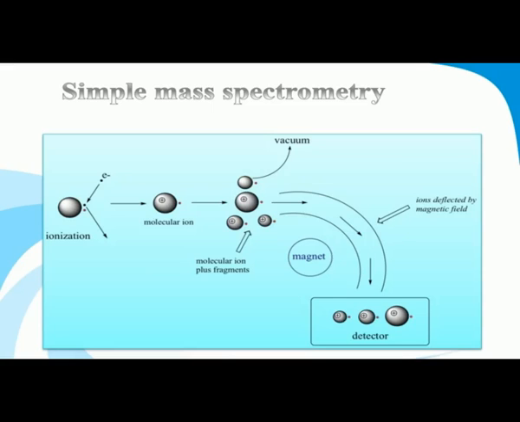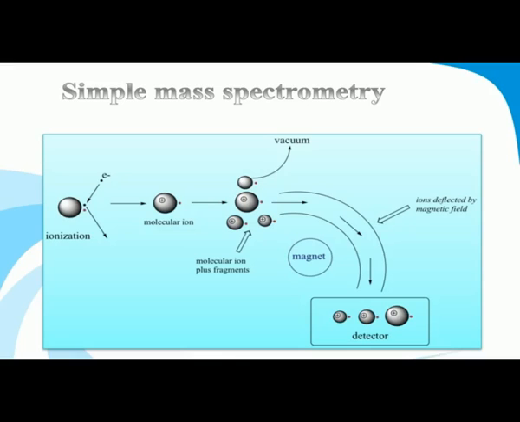So the first step is the ionization process. Here we have to ionize the sample. Before the ionization, we can talk about the sample. Which kinds of samples can we use here? Solid, liquid or gaseous; any kind of sample we can use, but usually gaseous ions are preferred.